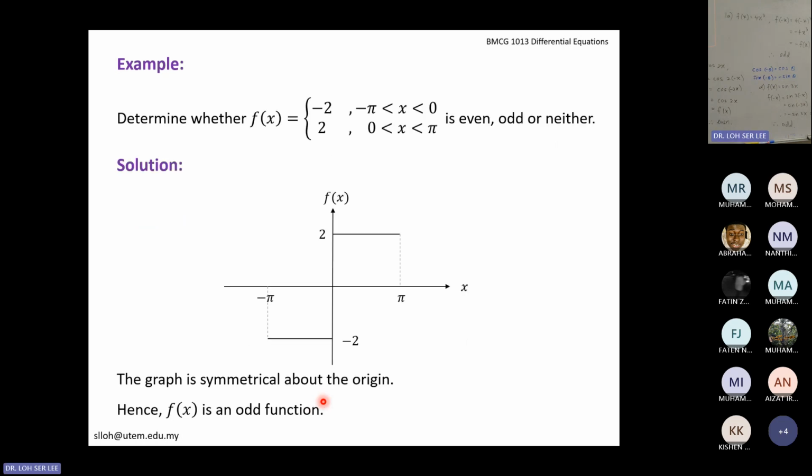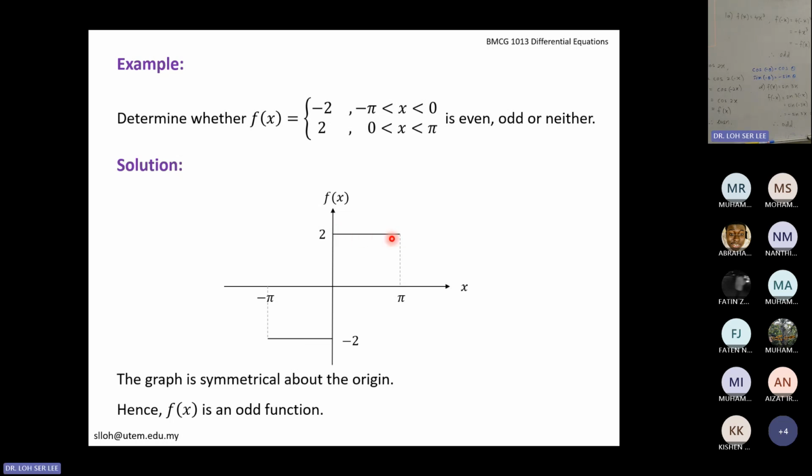Okay. Another example. From negative pi to 0, you have -2. This is your y. -2 is a constant. When you have a constant, it means that you get a horizontal line at -2. In the interval 0 up to pi, we have 2, a horizontal line passing through y equals 2.